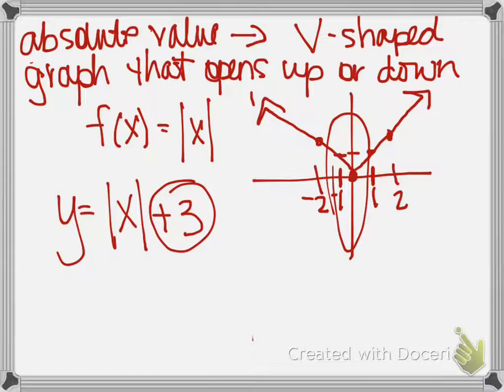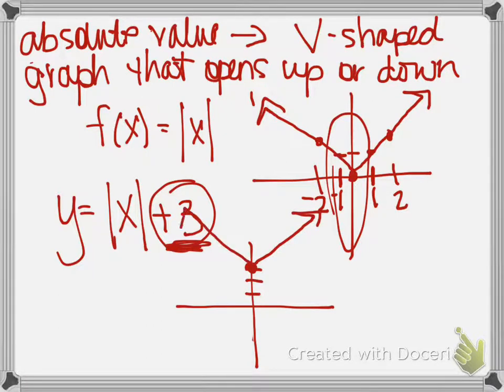So in this case, we're going to have a y-intercept of 3, which is still the y-intercept, right? It still looks the same as every other y-intercept. And then it's going to be increasing just like the original absolute value equation.